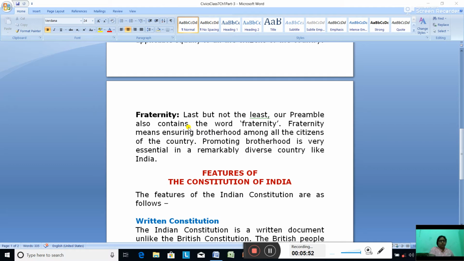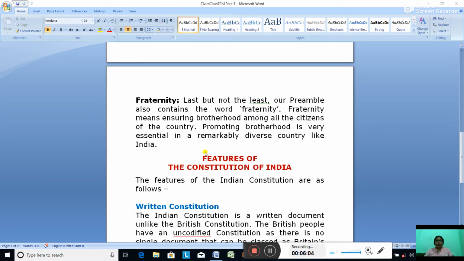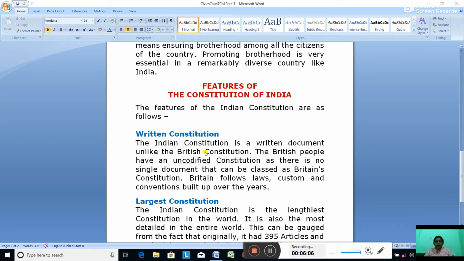The next we have features of the Constitution of India. Now when we speak about the features of the Constitution of India, there are so many features. Our constitution is a written constitution. It is the lengthiest or the largest constitution.